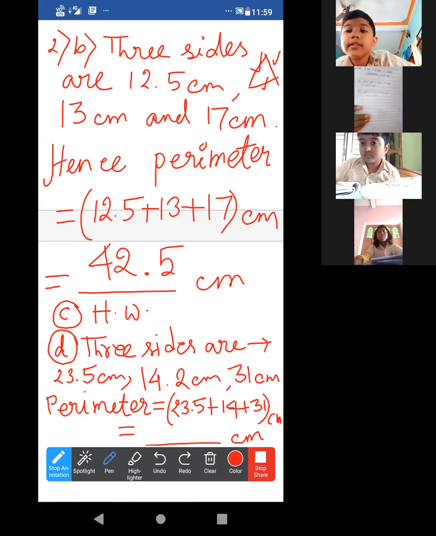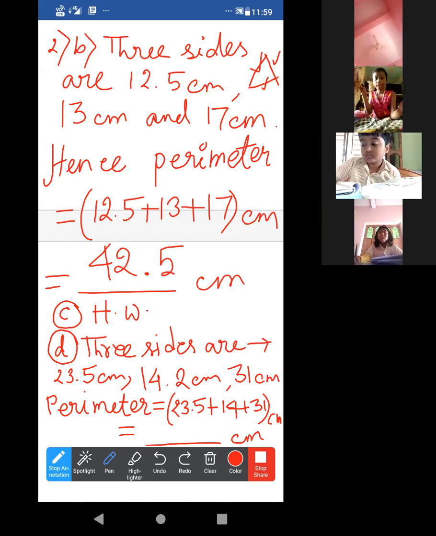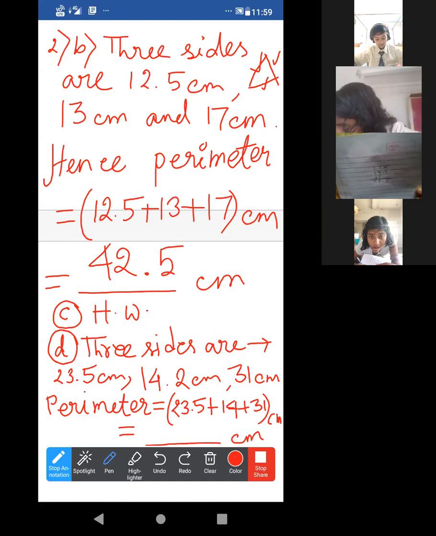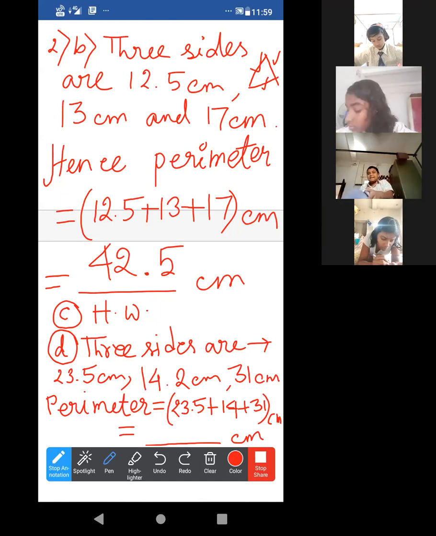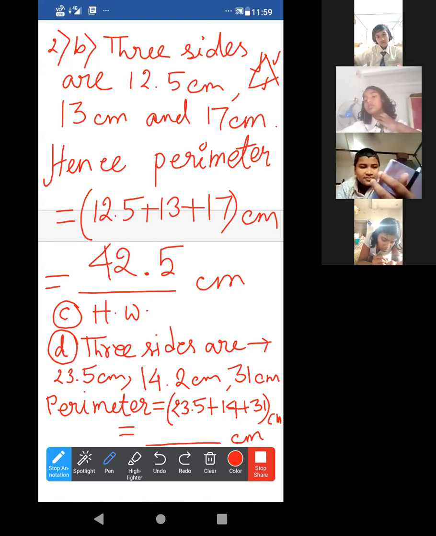Bonusri, show it properly. Good. Yes, Shaud, good. Shaud, that one, 0.2, why? It is given 14.2 centimeter. Oh, yes, but I have written here 14 centimeter. Yes, yes.